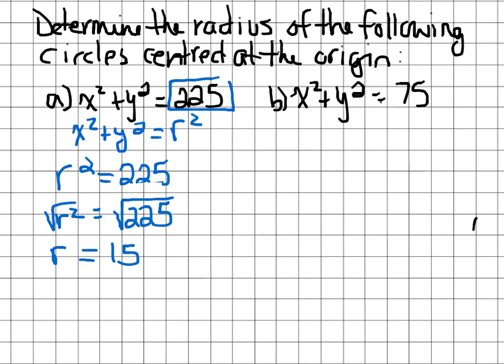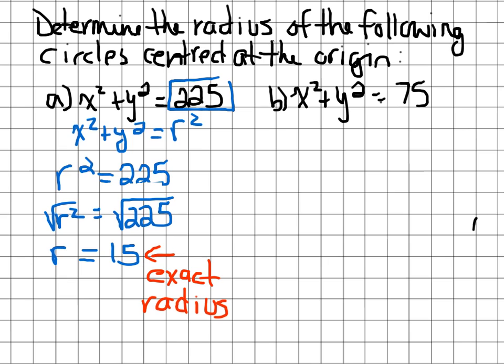So the radius is equal to 15. Now, in this situation, because there is a perfect square root of 225, this 15 is the exact radius.